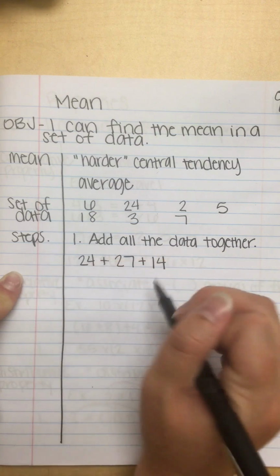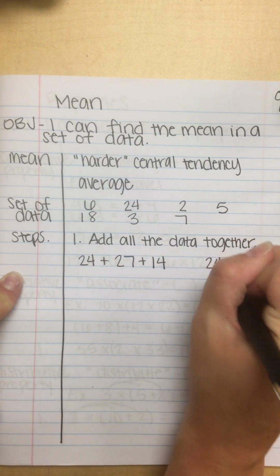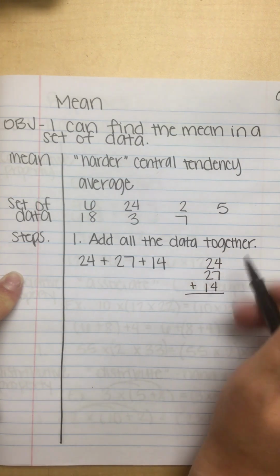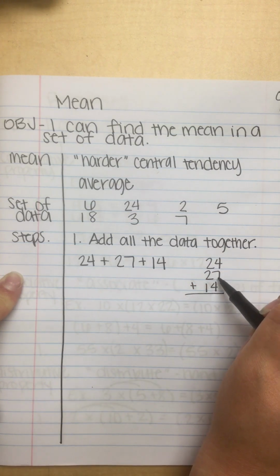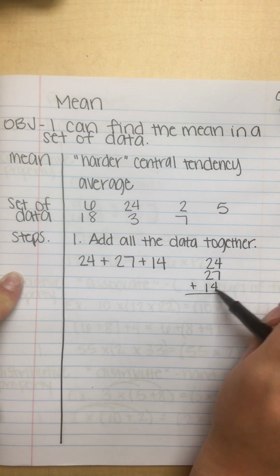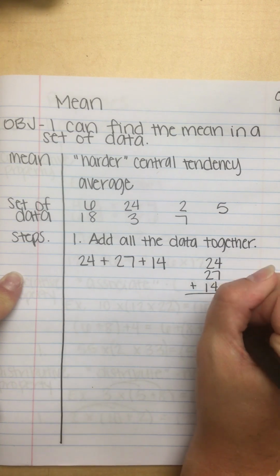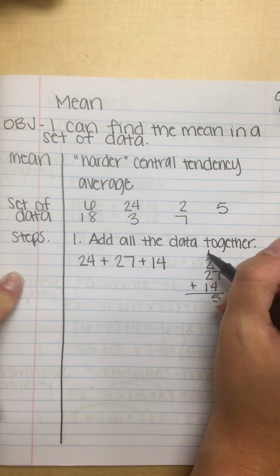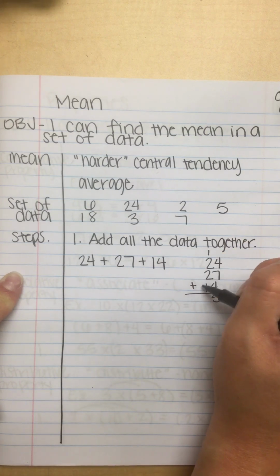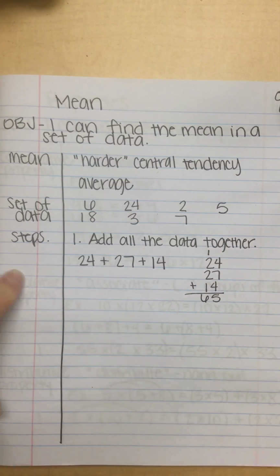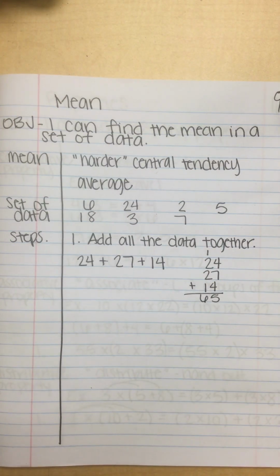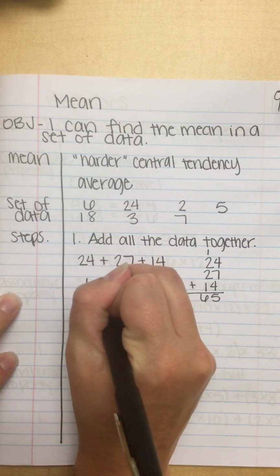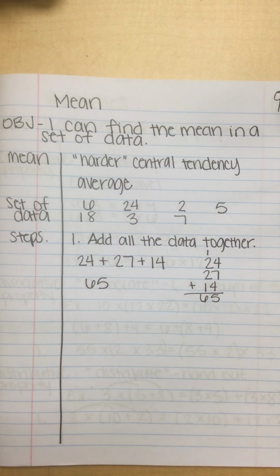I can't add this way, so I'm going to put them up and down. 4 and 7 is 11, or I could do 8 here. 8 and 7 is 15. 1, 2, 3, 4, 5, 6. So when I add all of my data together, I get 65 for step 1. So we're not finished yet.